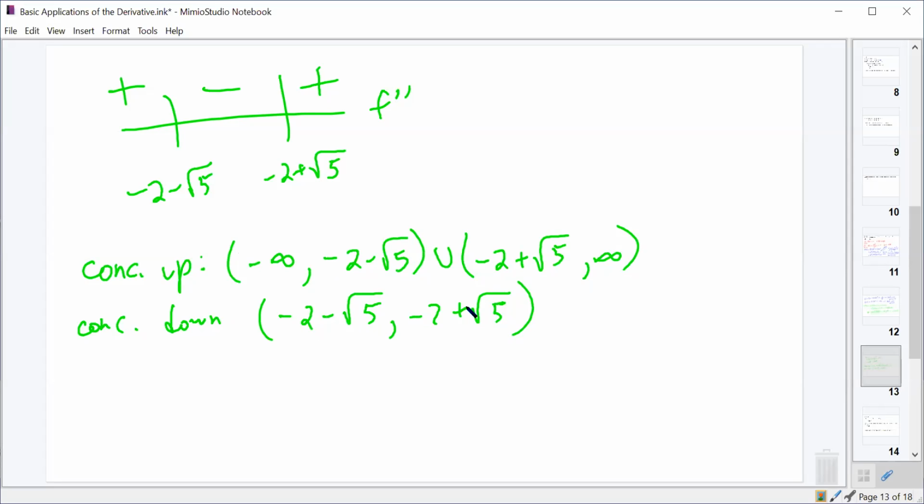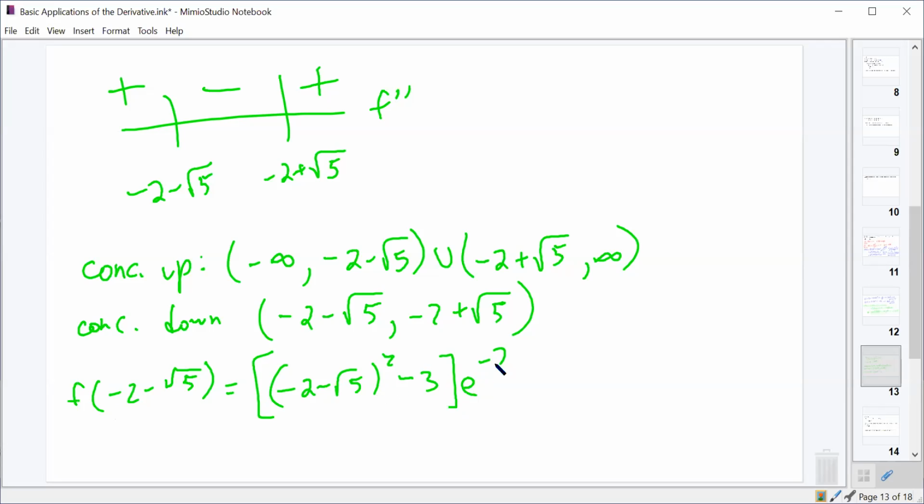Looking for the actual value of the point of inflection, we need to plug it back into our original equation. We know we have points of inflection there, so we do f of negative 2 minus root 5, which should be negative 2 minus root 5 squared minus 3, times e to the negative 2 minus root 5.